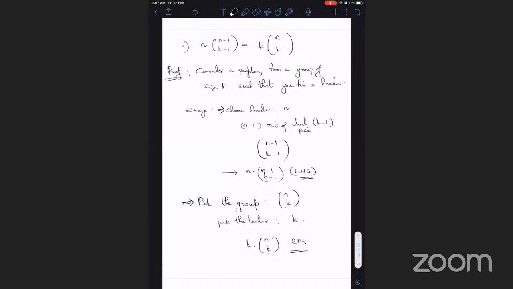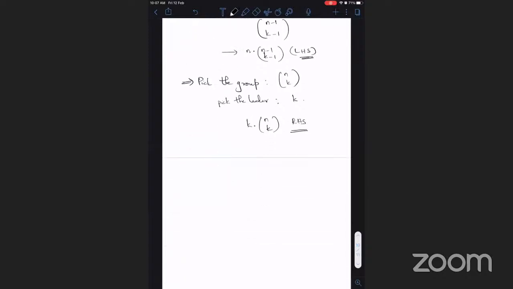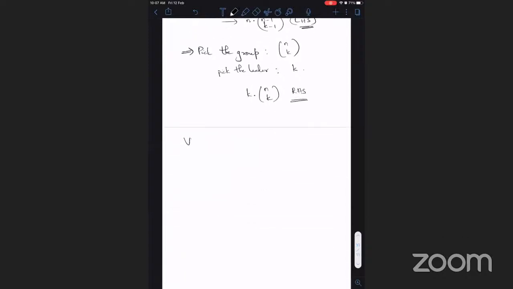Okay, fine. So now we are coming towards the end. So we'll see what is known as Vandermonde's identity. This is a slightly tricky one to prove using algebraic techniques.